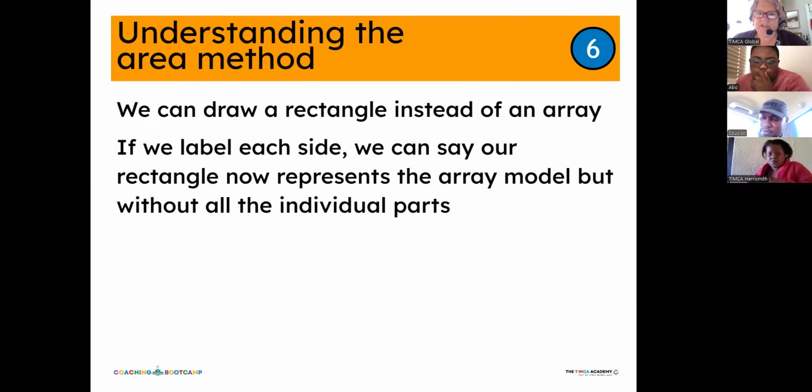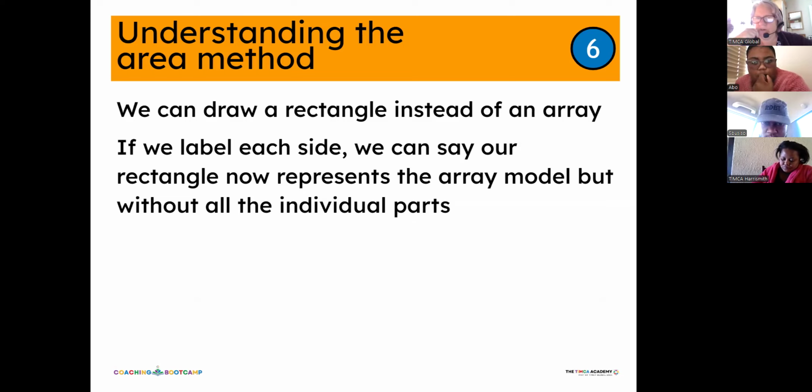So what we can say to children now, and I'm going to say to you, is that we can draw a rectangle instead of an array. This is why it's been useful to talk about rectangles and arrays as we've gone along, because now we're going to use a rectangle. If we put a label on each side, we can say that our rectangle will represent an array, but without showing all the individual parts.